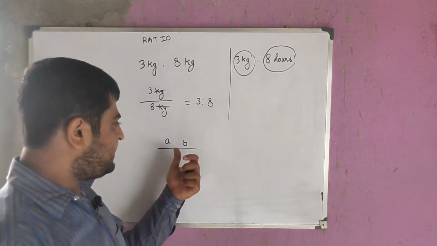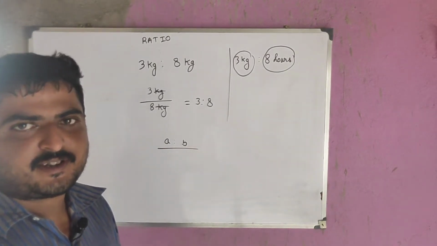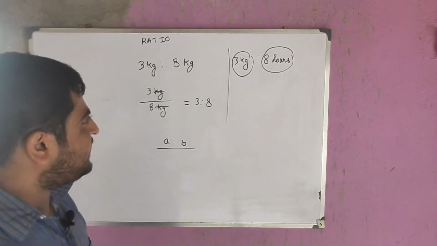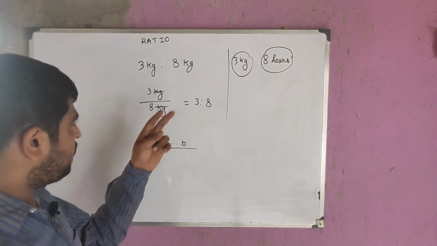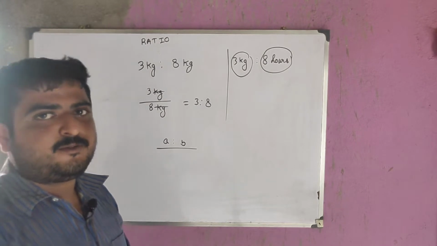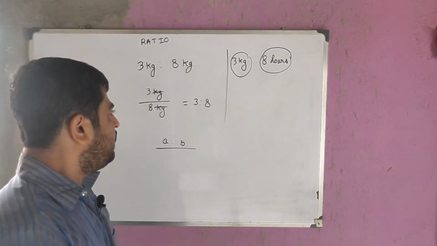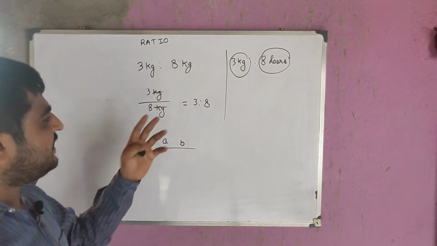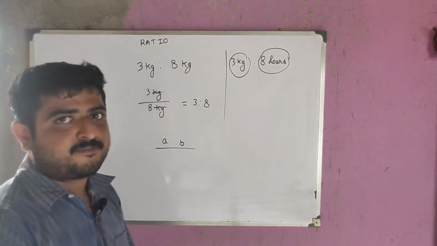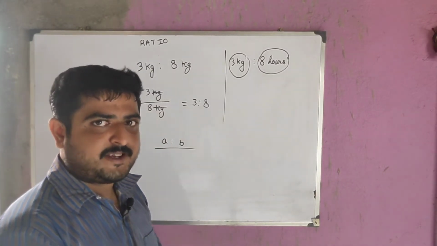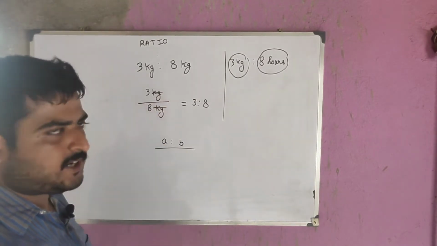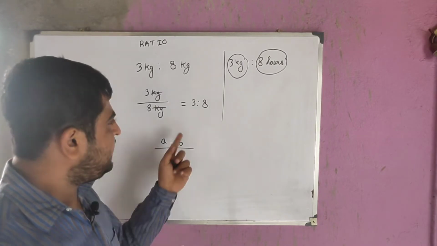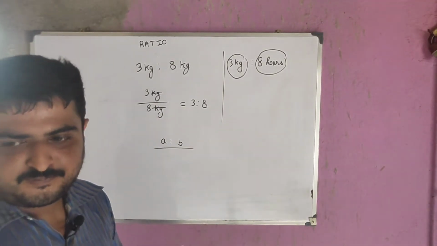Now some things you have to remember: a ratio is the comparison between two or more quantities of the same kind, and you are finding the value of the ratio by division, so the unit will cancel. So a ratio has no unit, it has only magnitude.